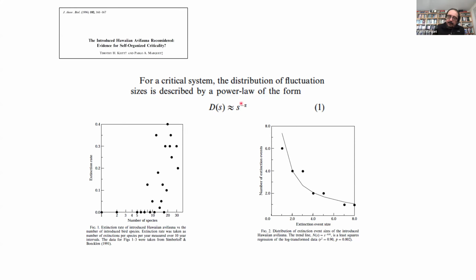So for us, this was a nice natural experiment showing that there might be these critical points where extinction events can happen in real ecosystems, and they will follow these power law distributions.